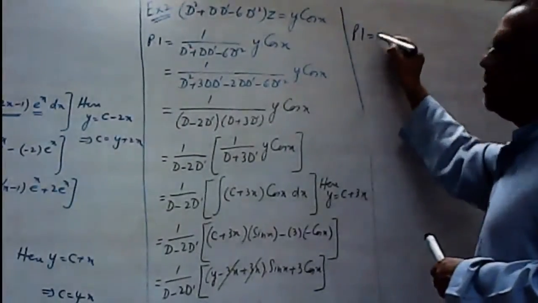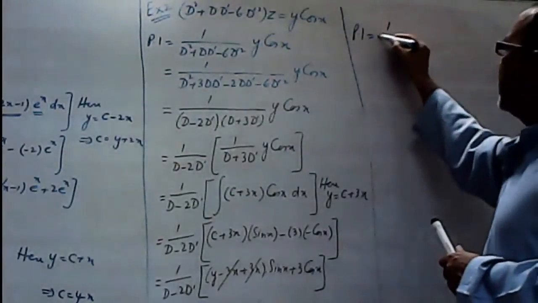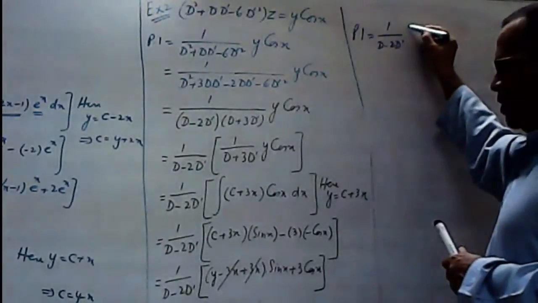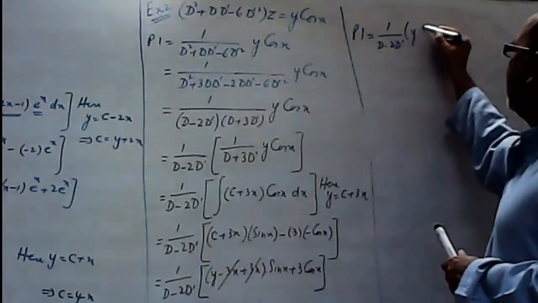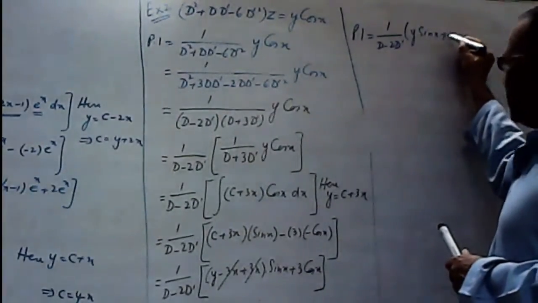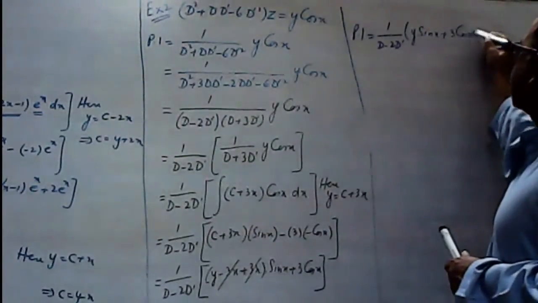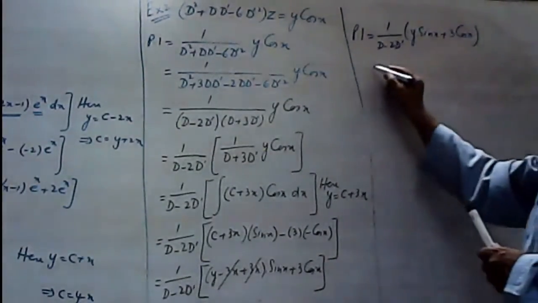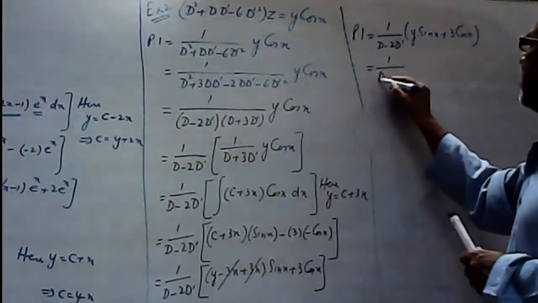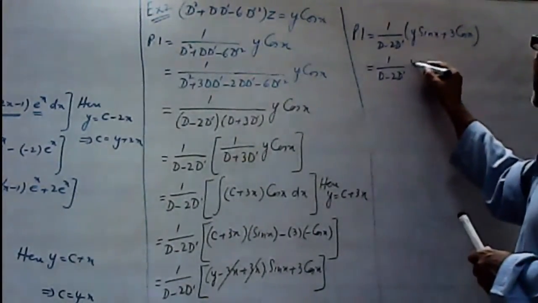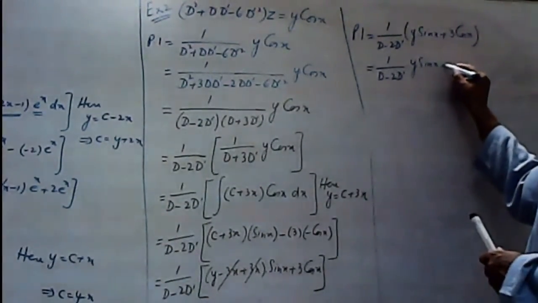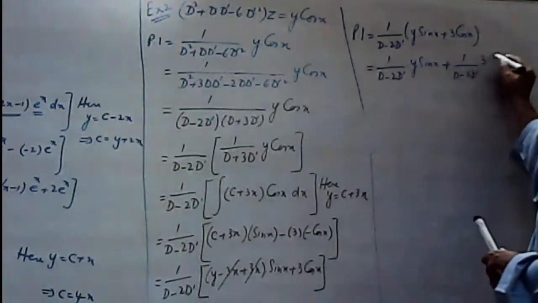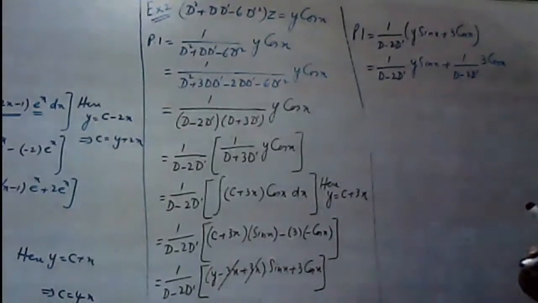So now what I have left is that the particular integral will be equal to 1 upon (D - 2D') of y sin x + 3 cos x. It means I have two terms with addition sign. So I separated them: 1 upon (D - 2D') of y sin x is one question, and 1 upon (D - 2D') of 3 cos x will be the other question.